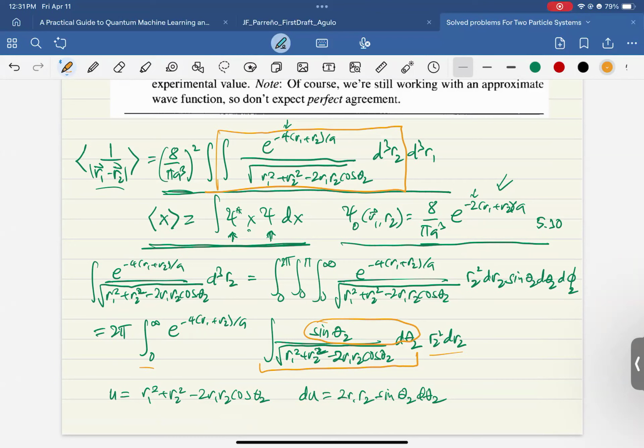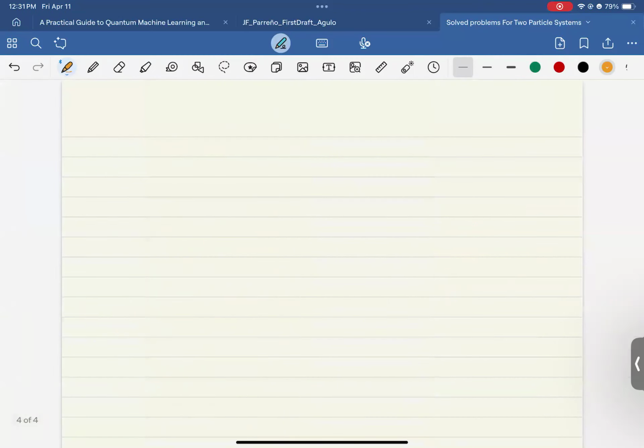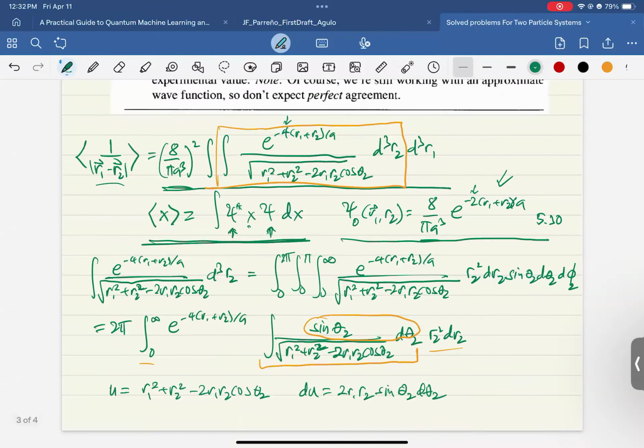Okay, so yung integral na yan na nasa loob, okay, will give us 2 pi and then 0 to infinity ng exponential minus 4 R1 R2 over A. And then yung integral na sa loob will give us du over u to the 1/2. Okay, and then yung coefficients na 2R1, R2. Okay, galing dito.